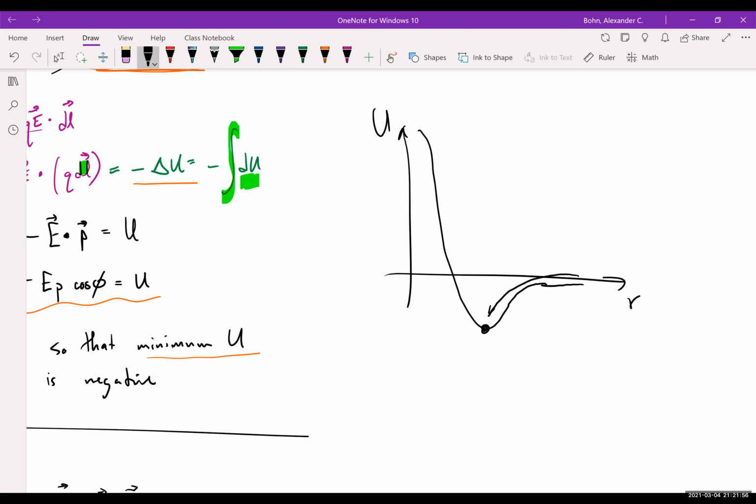If we want to separate them, we have to put energy in to raise the water level so that the thing floats to the top of the well. We're doing the same thing here. The bound state is the stable state, and it's a negative potential energy. That's totally fine. We're not unused to that at any rate.